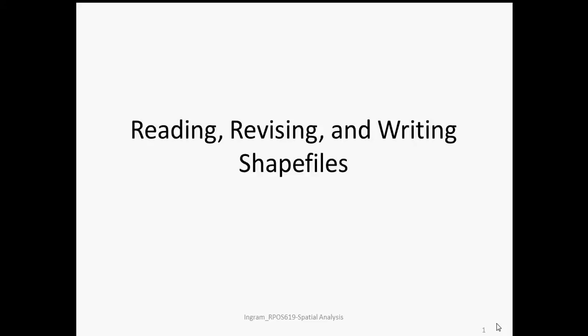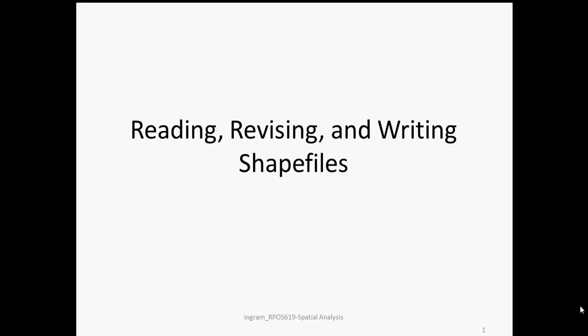Merge those two files together, right? An existing shapefile plus your own data, and then write a new revised shapefile that you can then start to use for visualization, mapping, constructing spatial weights, and other forms of spatial analysis, and then ultimately mapping your results.